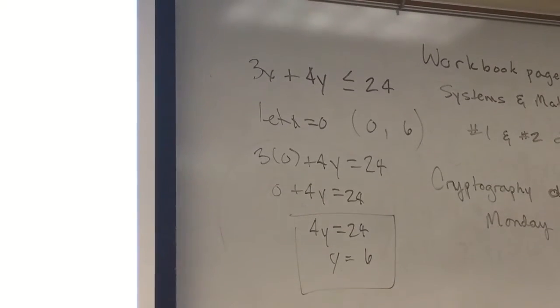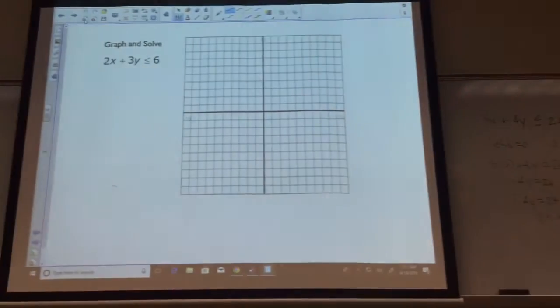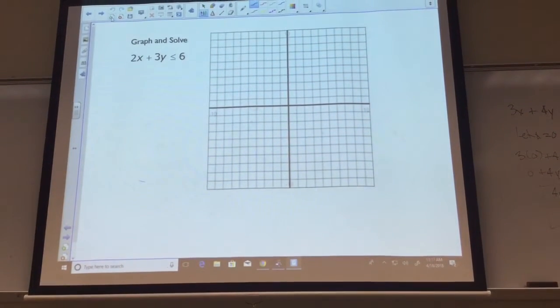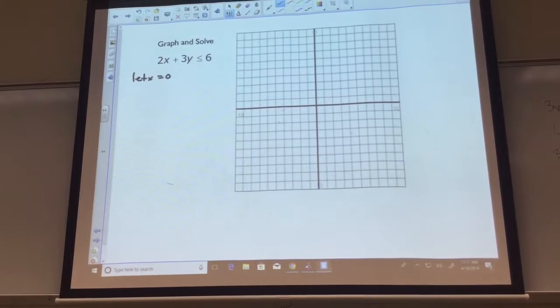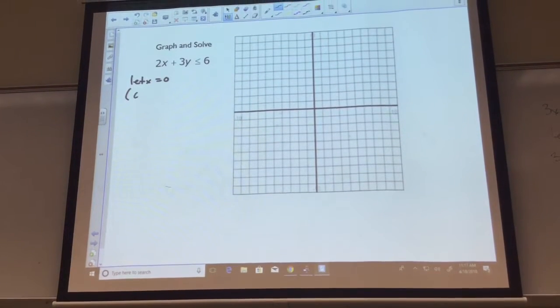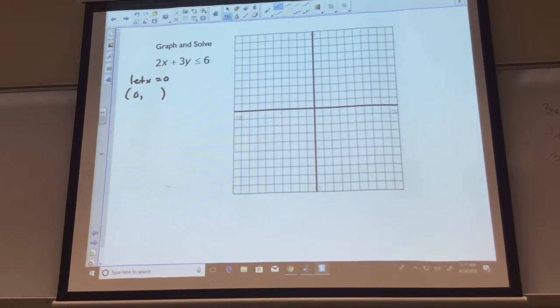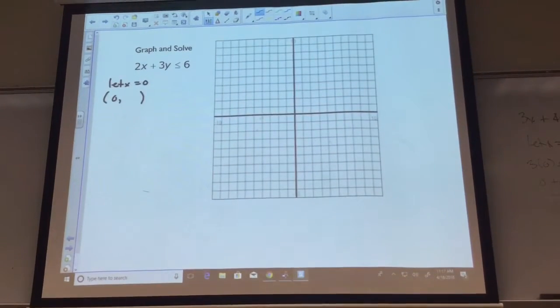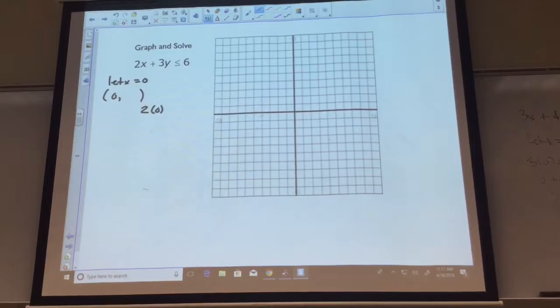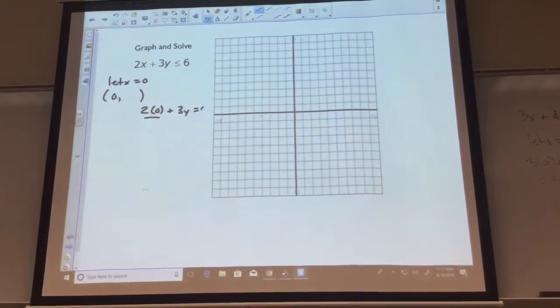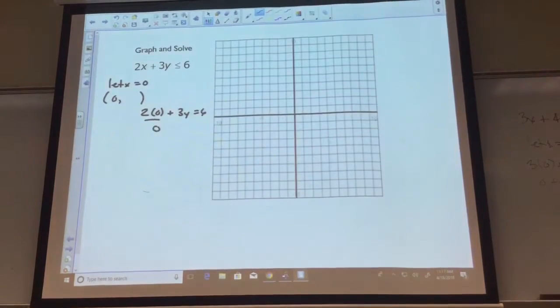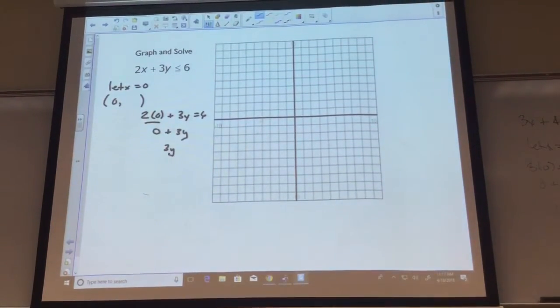In here, my support work for something like this would look a little bit like this. If I let x equal 0, I'm going to get an ordered pair that looks like this. There really is no reason for me to even write this part of the statement, because I know it's going to become 0, and 0 plus 3y is going to leave me 3y.